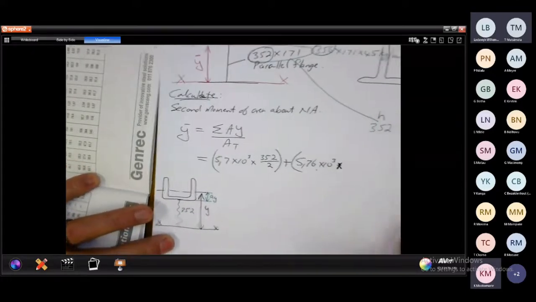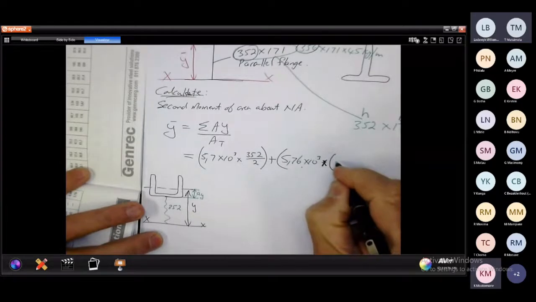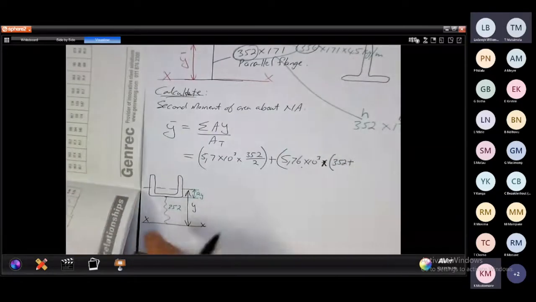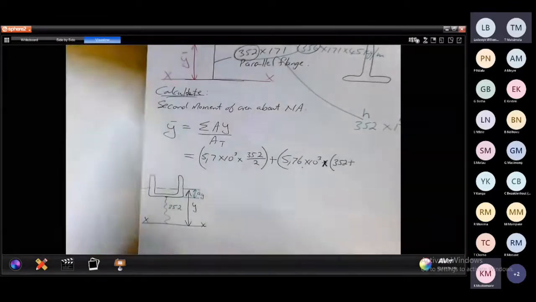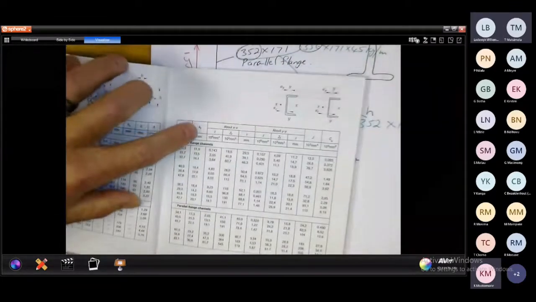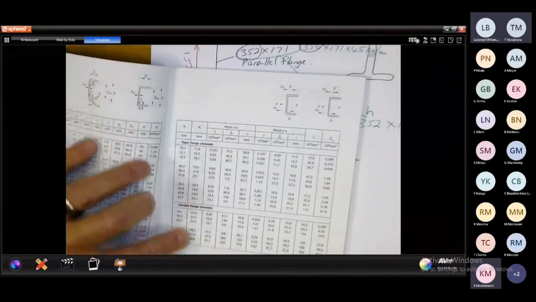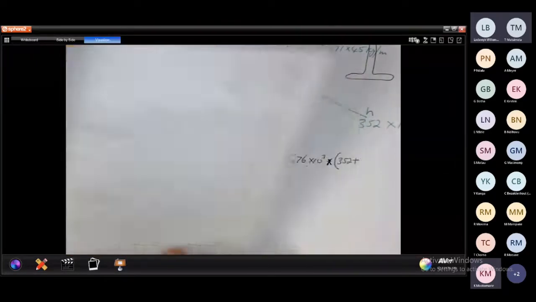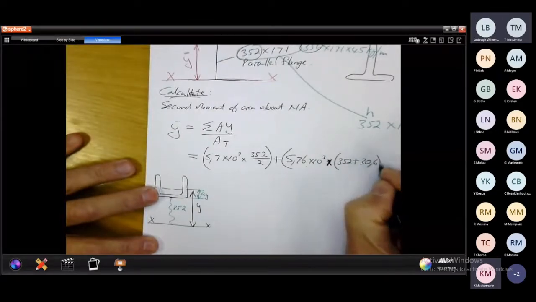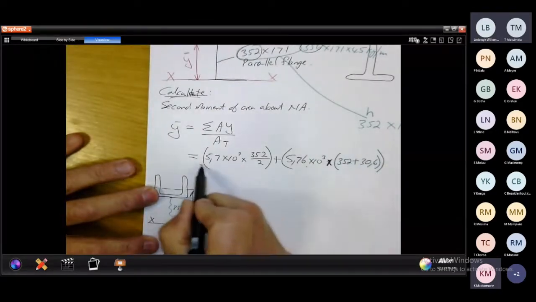That means my Y here will be 352 plus, when I check in my table for AY, I see it's 30.6. That means plus 30.6.